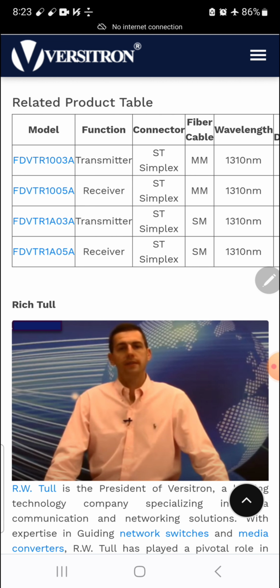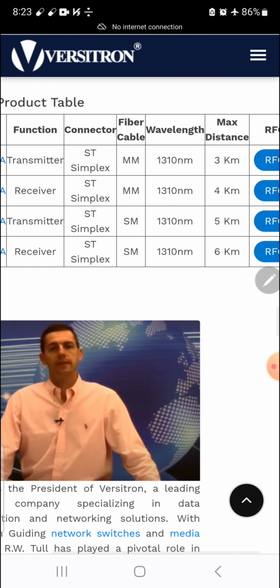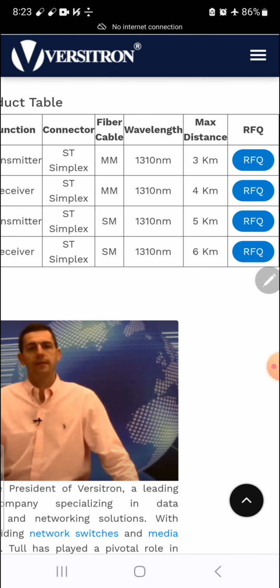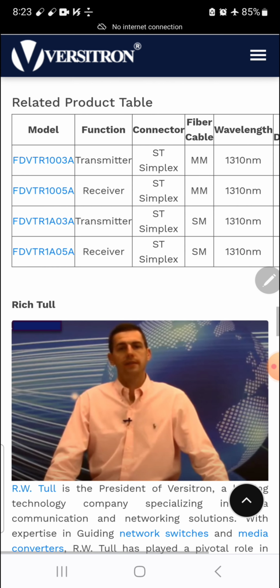Model, transmitter, receiver, ST simplex, SM cable, 1310 nanometers, maximum distance 3 kilometers, 4 kilometers, 5 kilometers, 6 kilometers, RFQ.